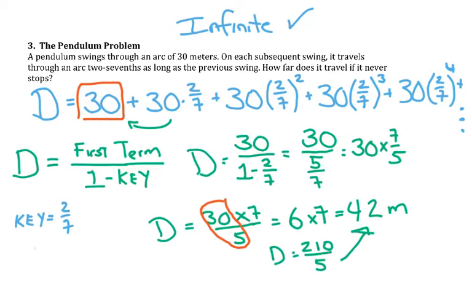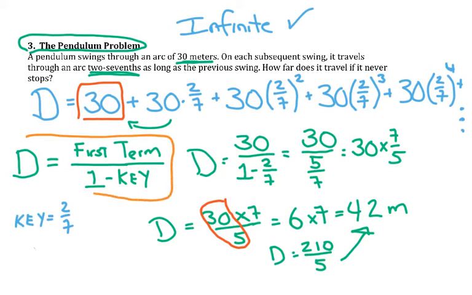So this is an important one to know how to do. The one in the homework is very similar, but it might not be 2/7 or it might not be 30 meters. So just make sure you identify the first term and the key and use this formula, and you should be good.